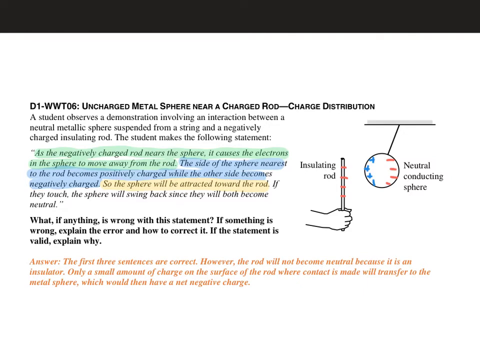You could conceivably get those negatives off, but it can't equalize charge on its surface. So it falls apart, because if it were a conducting rod, yes. If it were just a metal rod, you bet we could get neutrality, but not with an insulating rod.